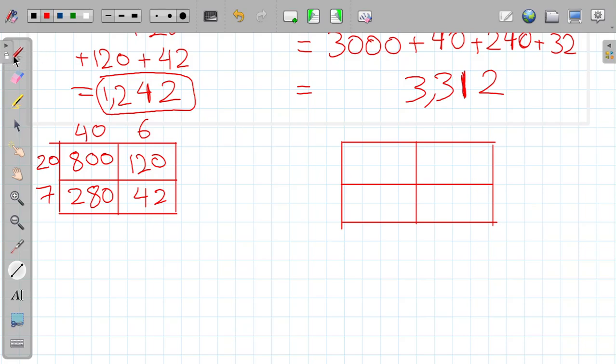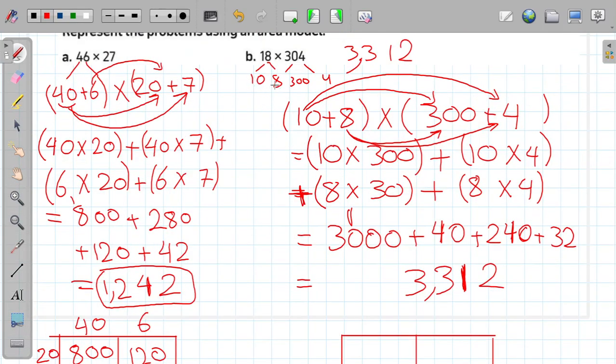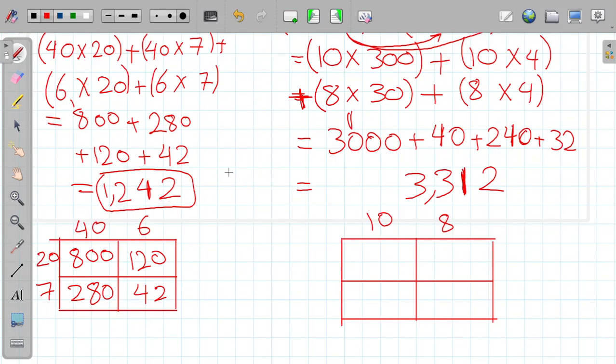So the first one is 10 times 8, 10 plus 8. And the second one I have 304. So the first one here, I have 10 times 300 equals 3,000.